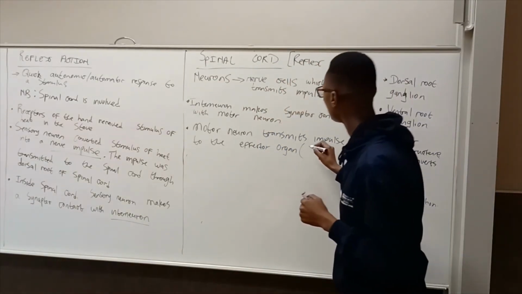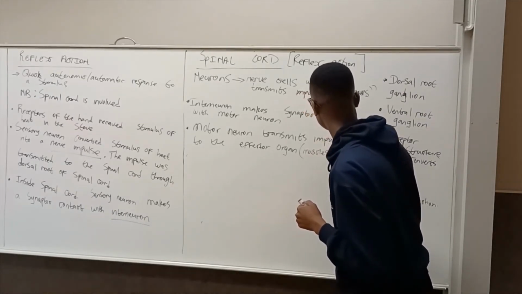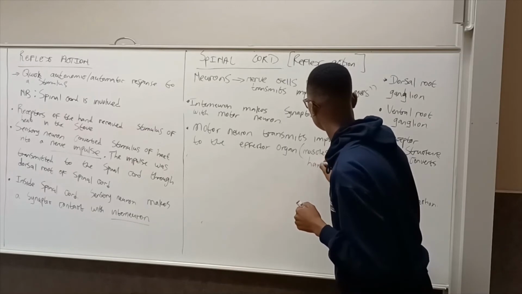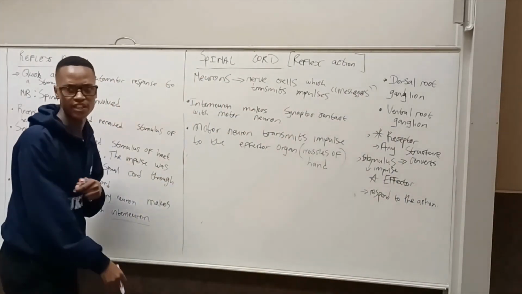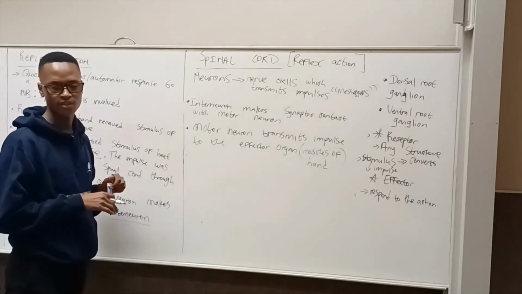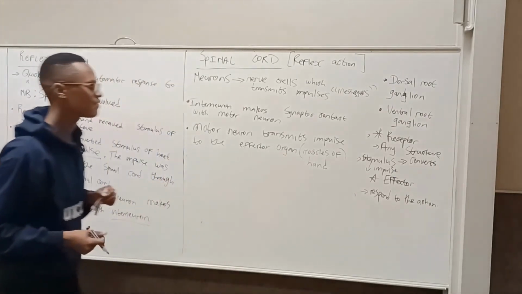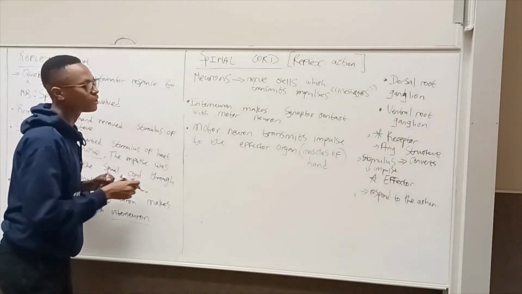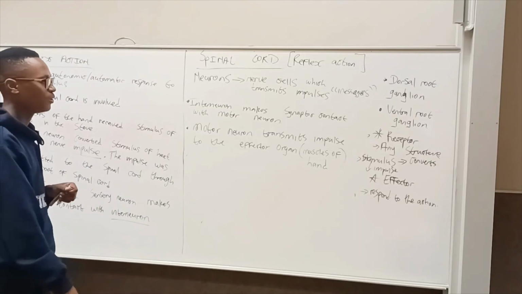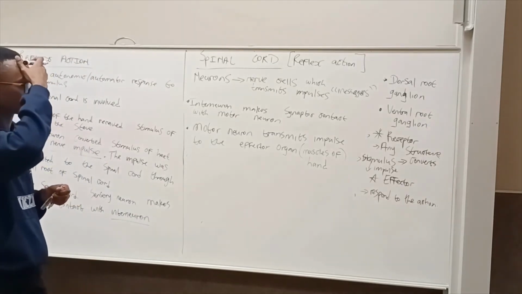The effector organ is going to be the muscles of the head. So it means that the muscles of the head receive the impulse that, hey, you are burning there. Okay? So if now the muscles are receiving that message or that impulse, now they are able to tell your hand to be removed from the hot plate.